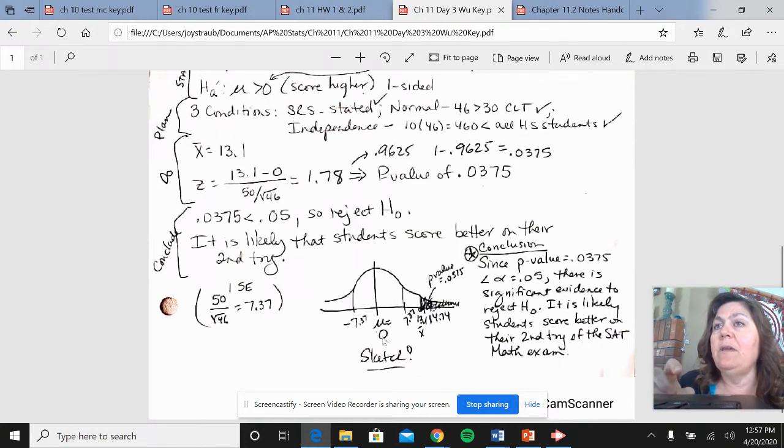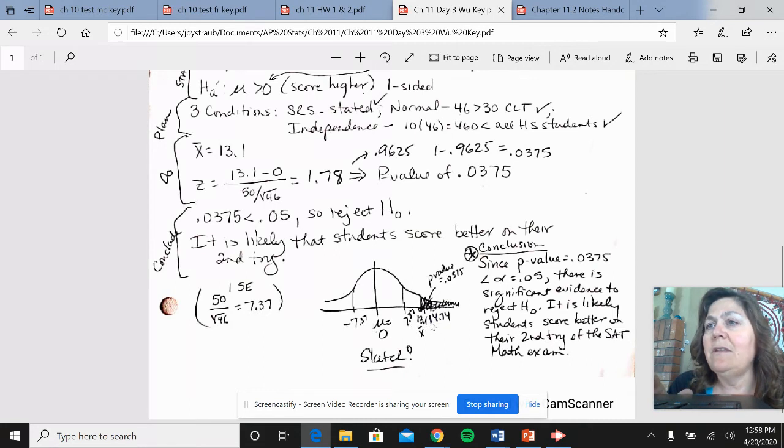And then what we got here is marking off 7.37 as our standard deviation. Just keep going. We're at about 1.78, so we know we're less than 2 of those away to get our new x bar here, which is 13.1.